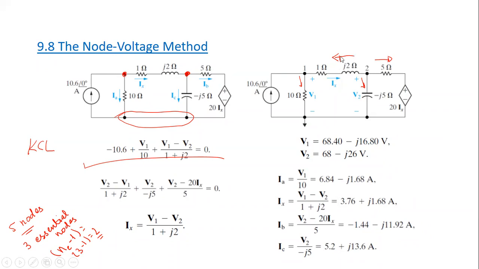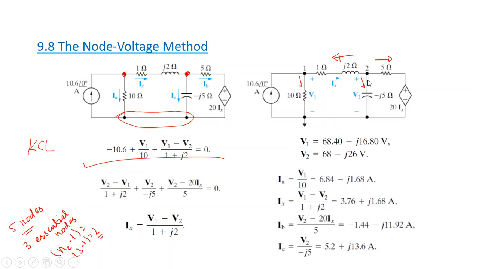This current will be the voltage difference, V2 minus V1, over the impedance in this branch, which is 1 plus J2 ohm, okay?